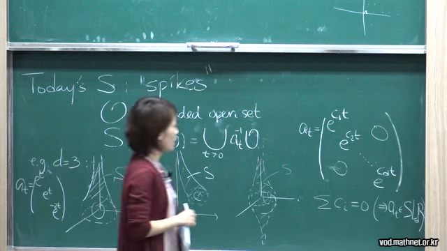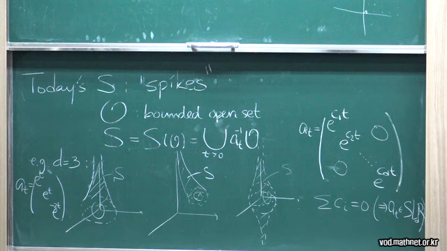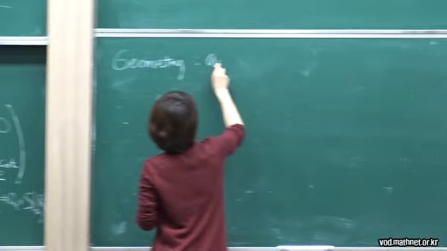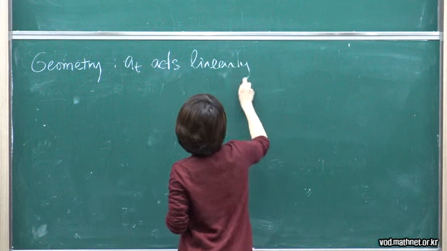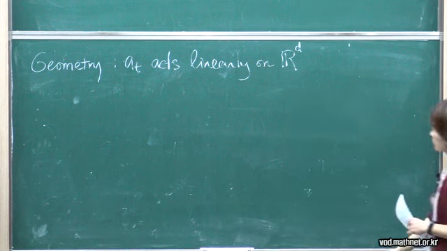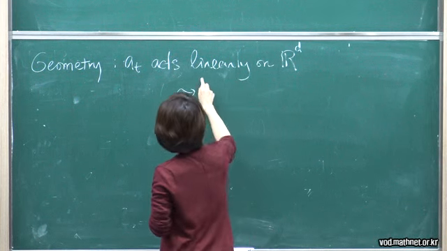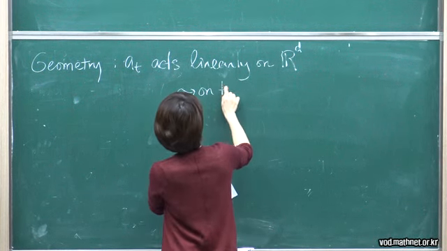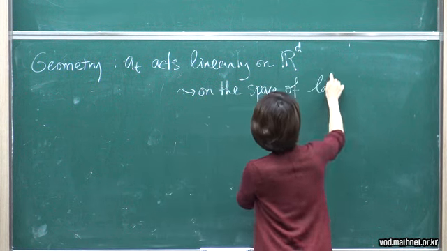So how do we approach this problem? The geometry behind it is the space of lattices, because a_t acts linearly, just by multiplication on vectors of R^D. So it also acts on the space of lattices.